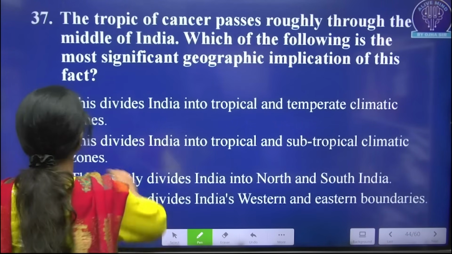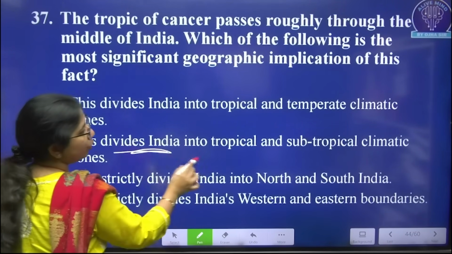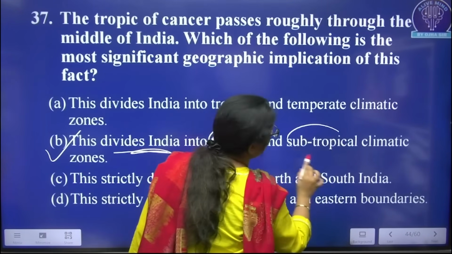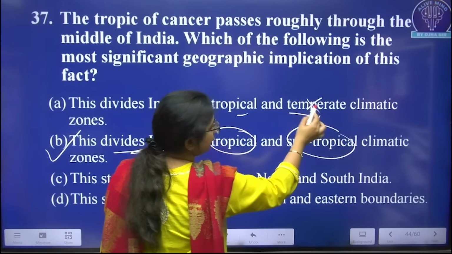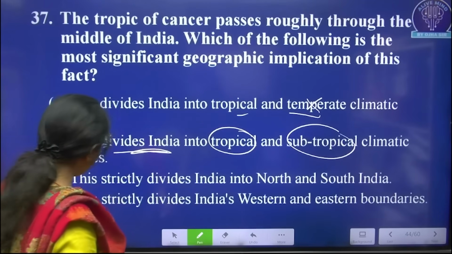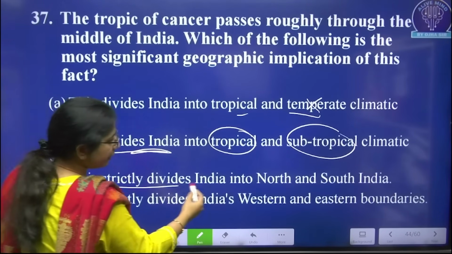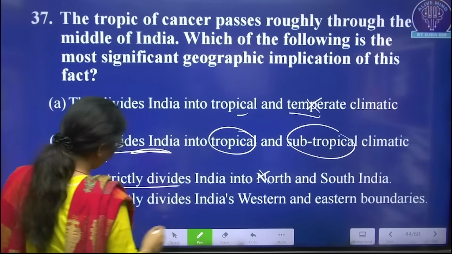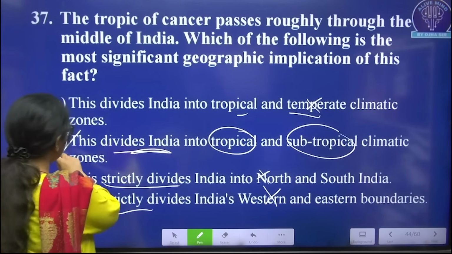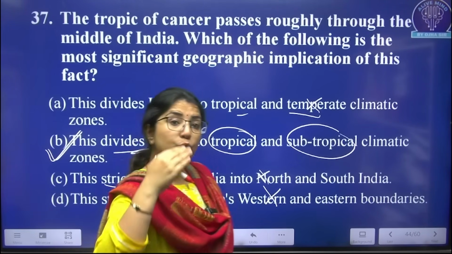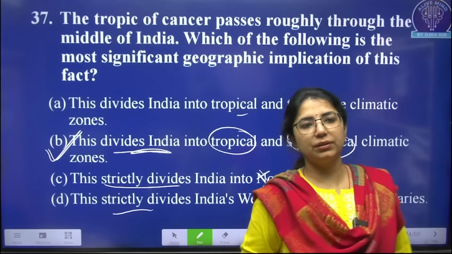No. Simply the answer here is B. It divides India into tropical and subtropical climatic zones. Tropical and temperate? No, it is subtropical. Here they have it strictly divides into North and South India? No. It strictly divides into western and eastern boundaries? No. The answer is B. It divides India into tropical and subtropical regions.